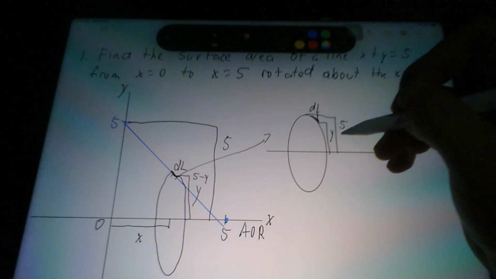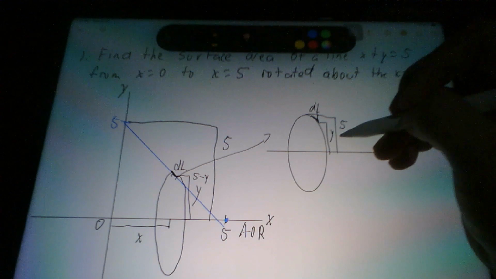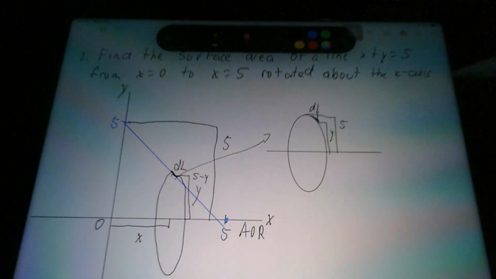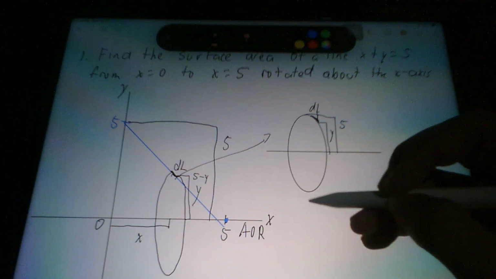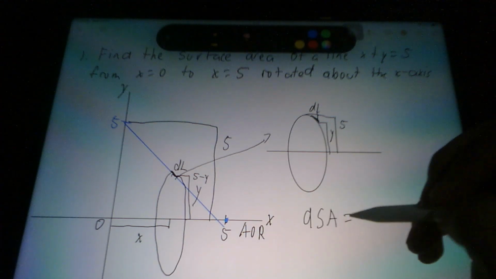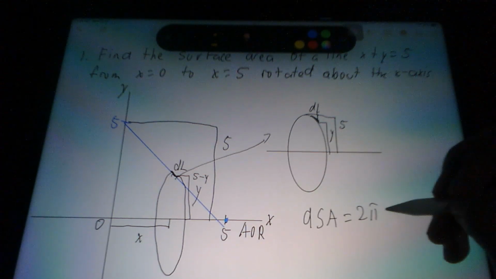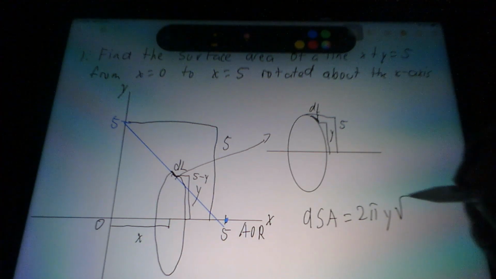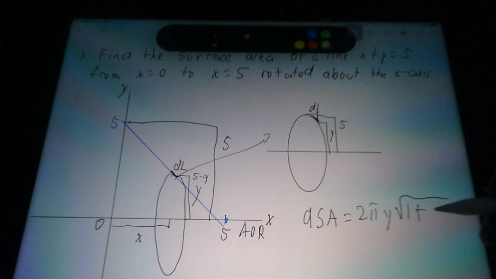So our radius is 5 minus y. So by putting this here, our differential surface area is equal to 2 pi y times the square root of 1 plus y prime squared dx.